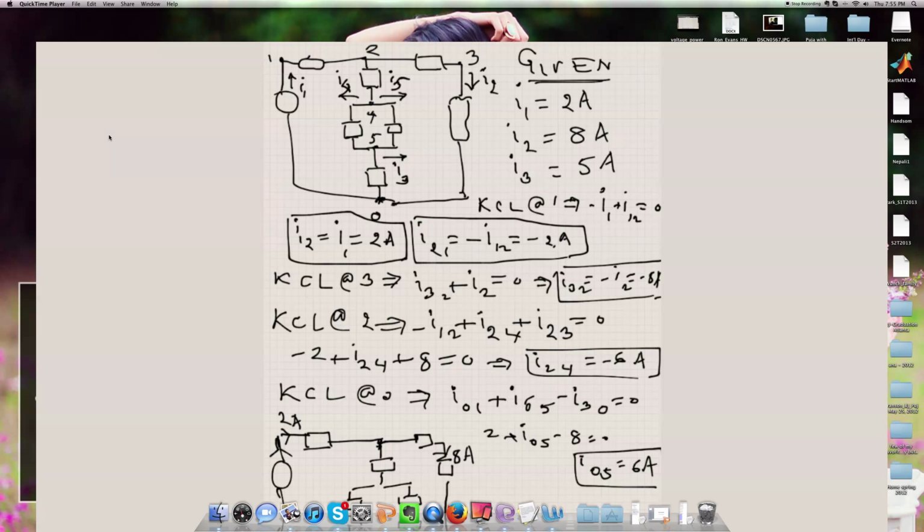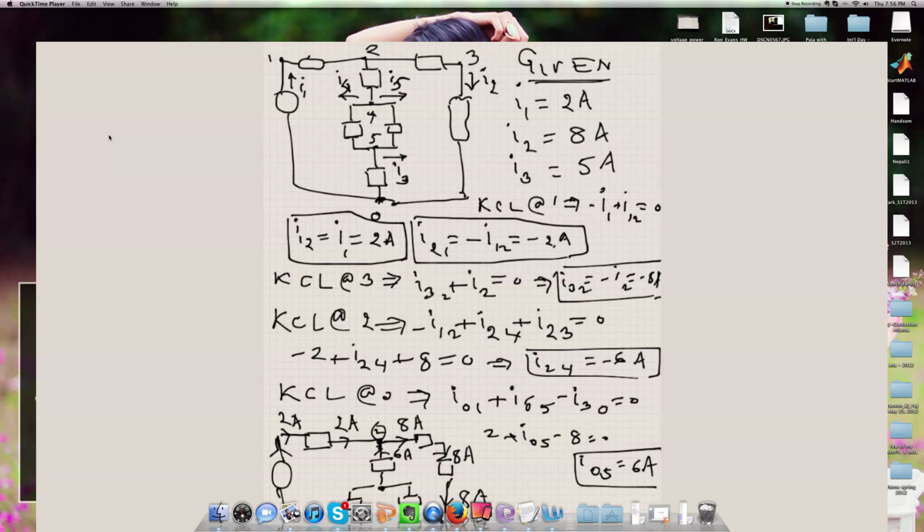And now, what we know is I24 is minus 6, meaning current is actually coming from 4 to 2 in an amount of 6. So at node number 2, 2 is coming from here, 6 is coming up. So at node number 2, 2 and 6 combine to give you 8. And this 8 amp line continues to flow down.